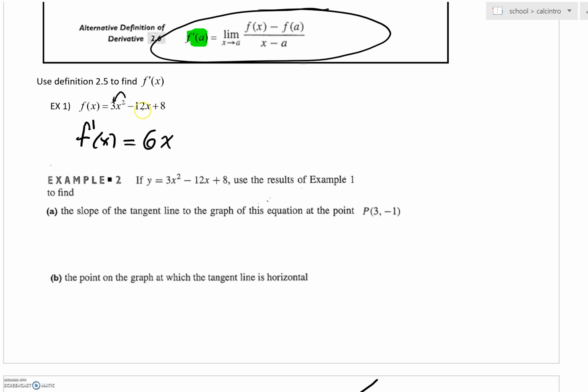What's the derivative of minus 12x, do you think? Minus 12. I mean, you bring the 1 down, and then you've got x to the 0, right? Take a derivative of an x, it just goes away, in other words, right? And then what's the derivative of this constant? It's 0. You don't even have to write it down. Oh my gosh, this is cool. Wow, we don't have to do a limit anymore. Wow, this is pretty neat.